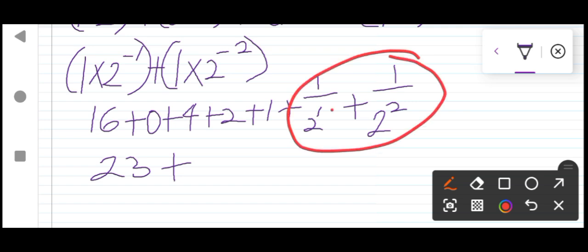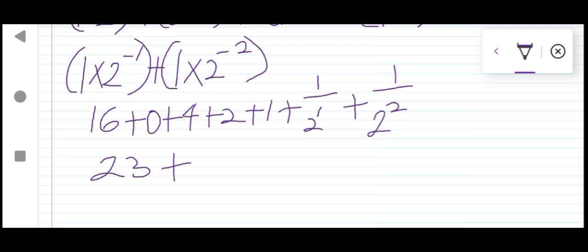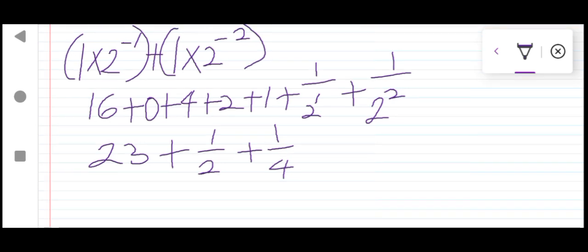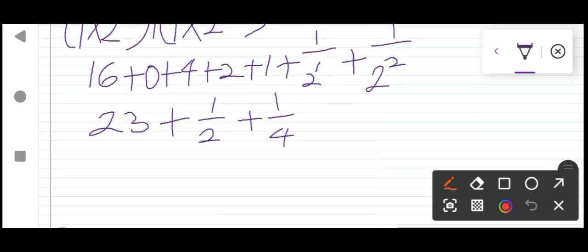Do not forget 2 raised to power 1 is 2 and 2 raised to power 2 is 4. So which means I can simply write 1 over 2 plus 1 over 4. And at this point, we need to quickly evaluate this value. 1 over 2 plus 1 over 4.